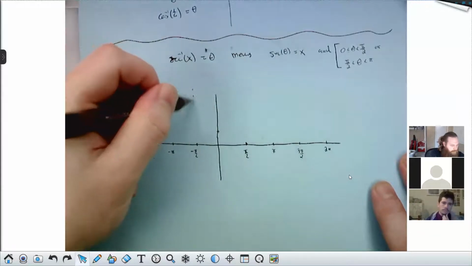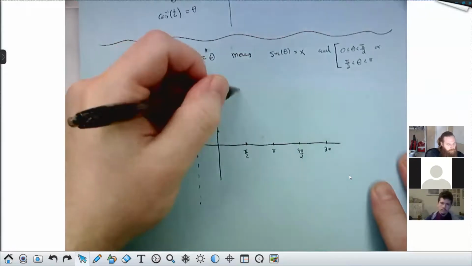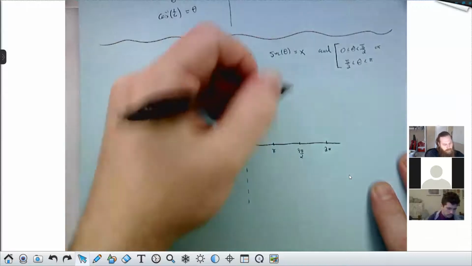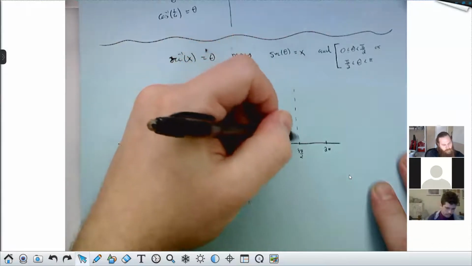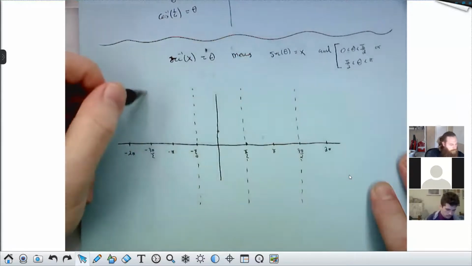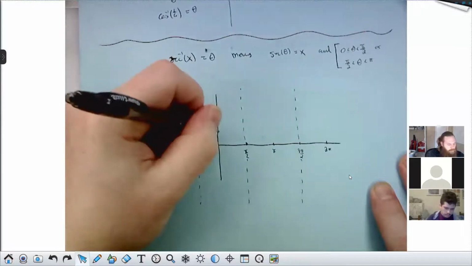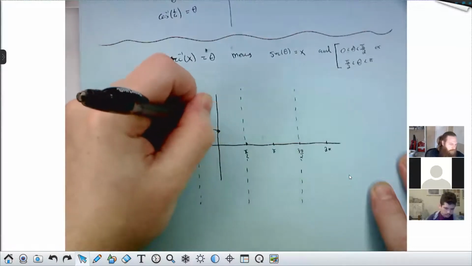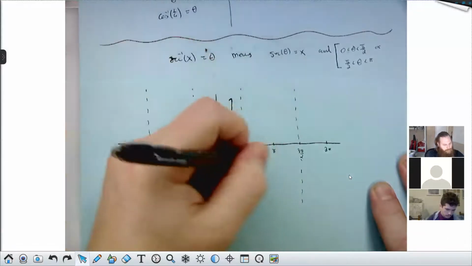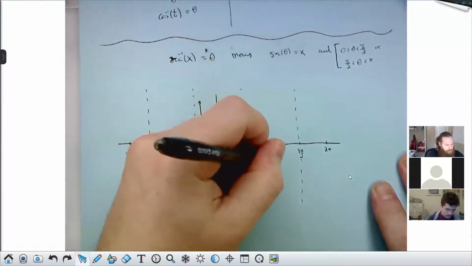Secant has these vertical asymptotes at odd multiples of pi over 2, just like tangent, and then within each of these pieces, it has this kind of shape. And then down here, this is 1, this would be negative 1.